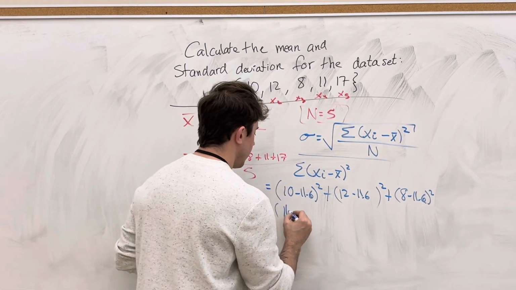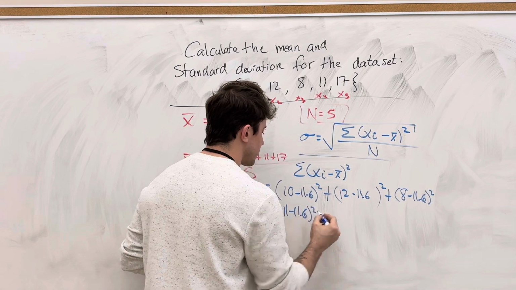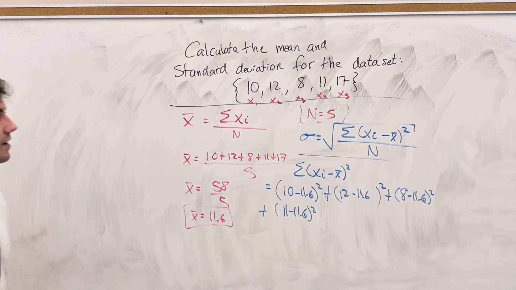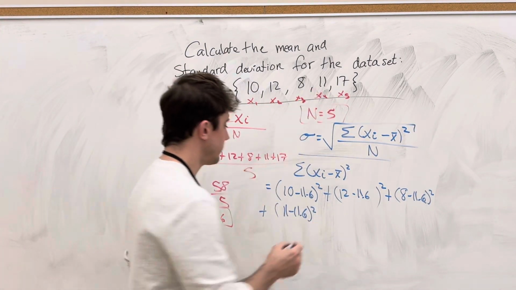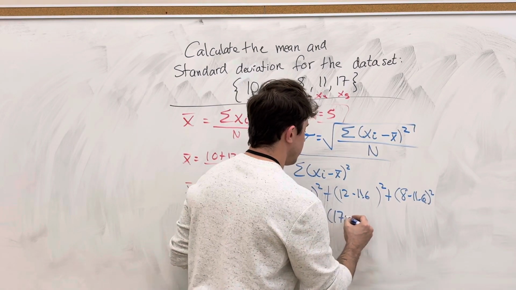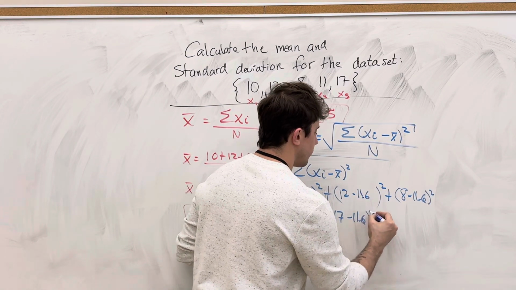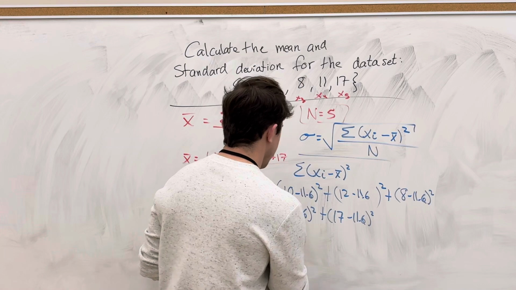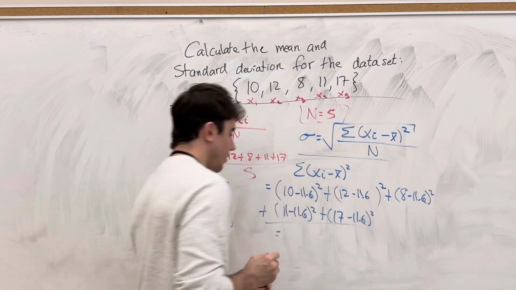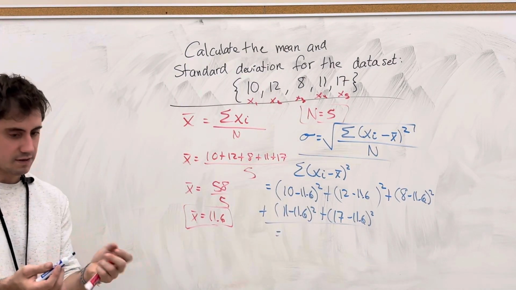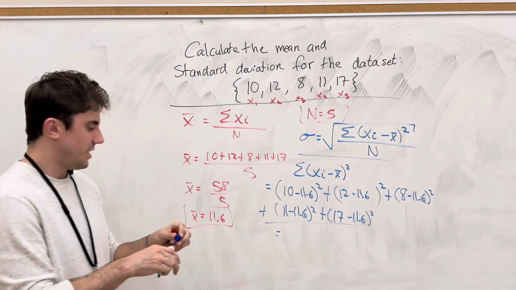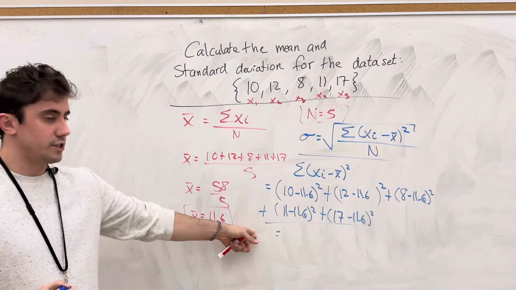I'll start a new line here. x4 is 11, 11 minus 11.6 all squared, right? And then finally we have our largest value of 17. 17 minus 11.6 all squared. And now we are ready to sum all of those values up. I will need a calculator for that. Feel free to do this on your own.